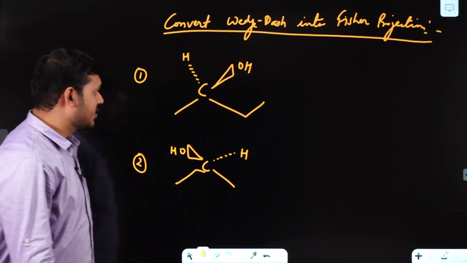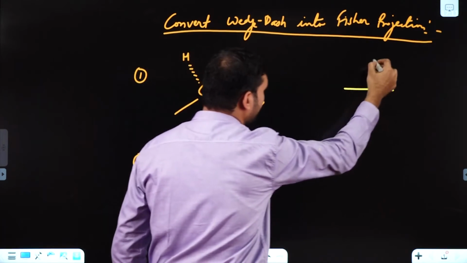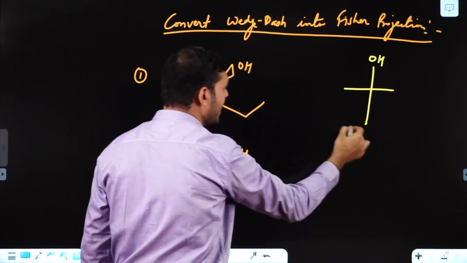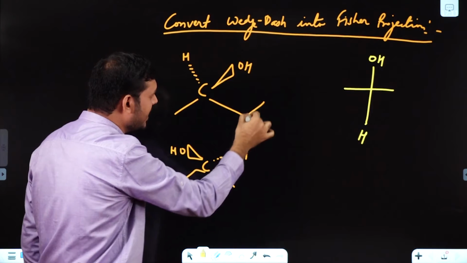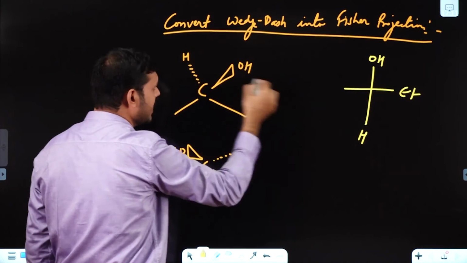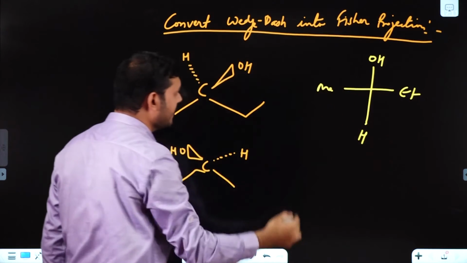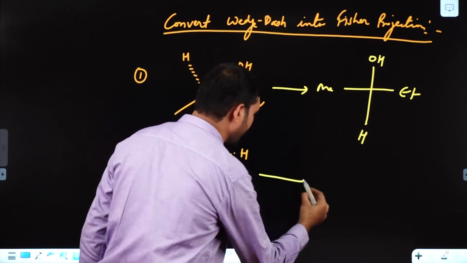Okay. So, wedge at the top, dash at the bottom. Now, with respect to wedge, this ethyl is clockwise, so ethyl here, and this methyl is anti-clockwise, so methyl here. So this part is converted like this. Clear? Now check this one.